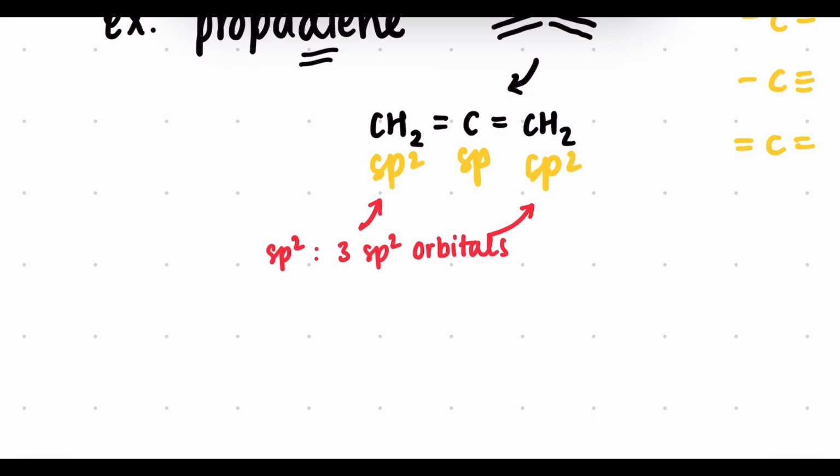We've discussed this in the chemical bonding series. Now, when it comes to this, we know that there is 1 pure p orbital which is left. Now these sp2 hybrid orbitals will undergo sigma bonds, while this one is the one that causes pi bonds.